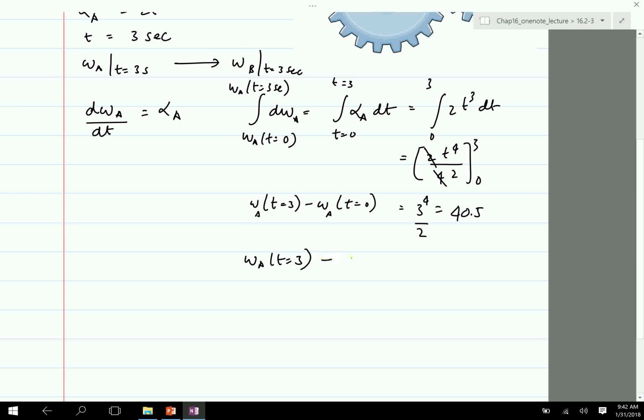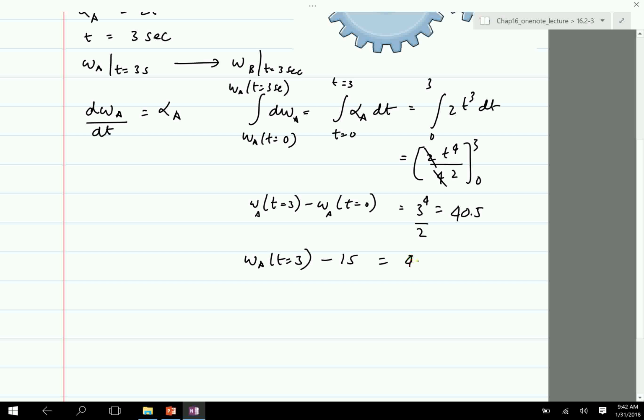We are given the initial speed, so omega A at t equals 3 is going to be 55.5 radians per second.